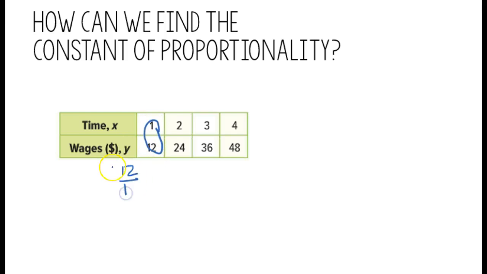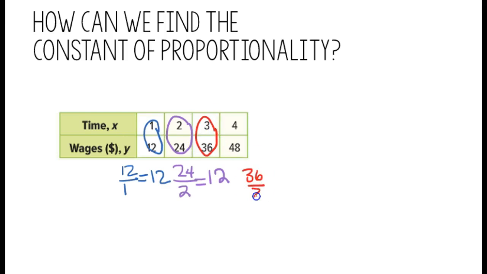Our unit rate is $12 per hour, or 12. And we're going to check this here. Now we have $24 to 2 hours. Again, we get 12. We can go ahead and check all of these data pairs. 36 to 3 is 12. $48 for 4 hours is going to give us 12.